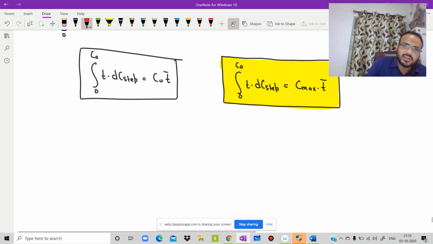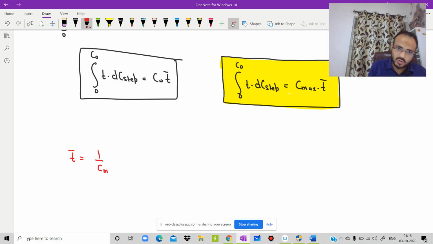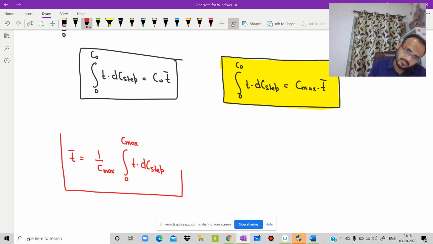So from this equation we can now proudly write, because earlier we only knew it but now we proved it, 1 by C max or 1 by C naught into the integral from 0 to C max or C naught of t into dC step. I hope there should be no doubt to anyone. Is it clear up to this point? Very good.